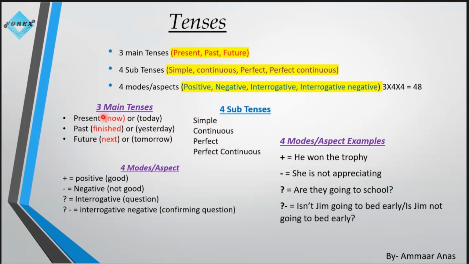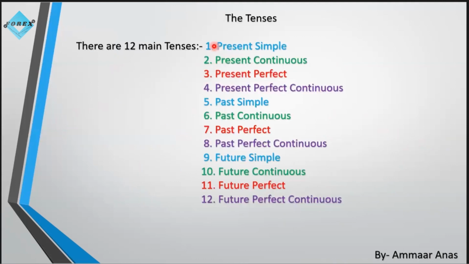But we don't say that, we say present simple, present continuous, present perfect, present perfect continuous. So let's look into it. I'm just going to read this out for you. There are 12 main tenses: present simple, present continuous, present perfect continuous, past simple, past continuous, past perfect continuous, future simple, future continuous, future perfect continuous. Okay, let's move to the next slide.